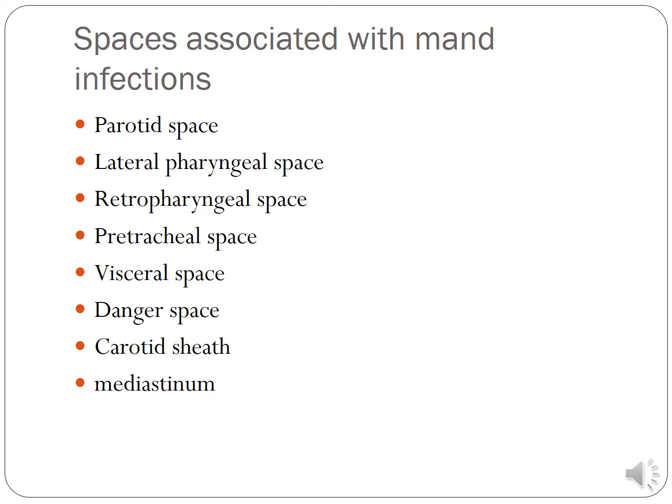From the most probable space, they go to the most remote area, like involving the carotid sheath and mediastinum. Why this is being told to you is to understand the risk of spread of odontogenic infection to the other areas.